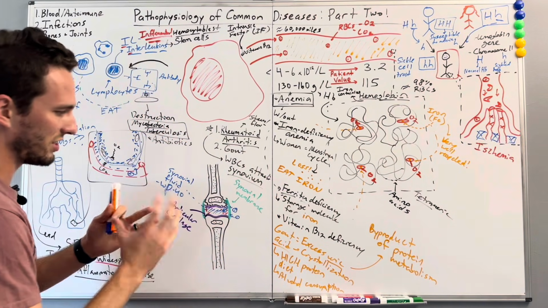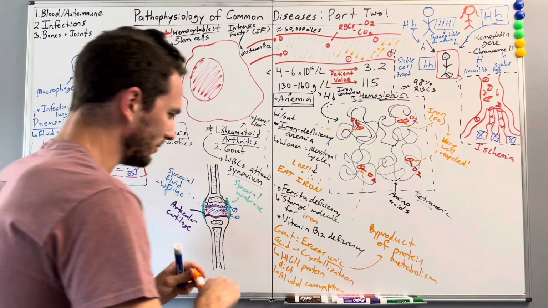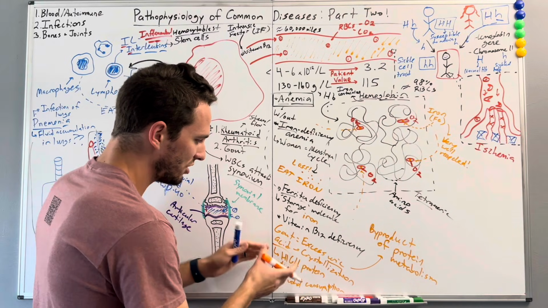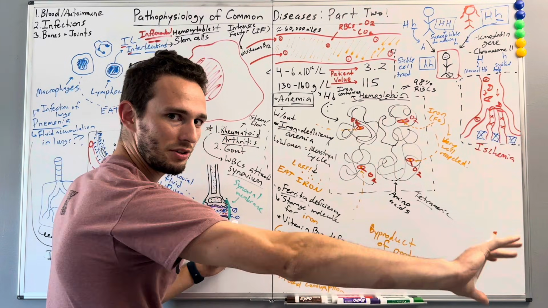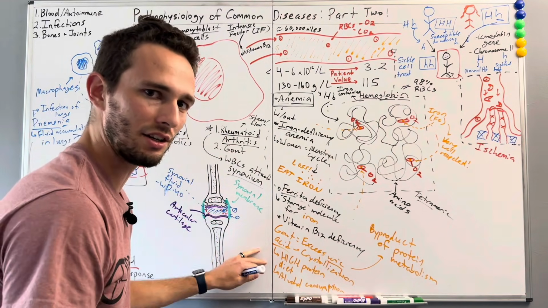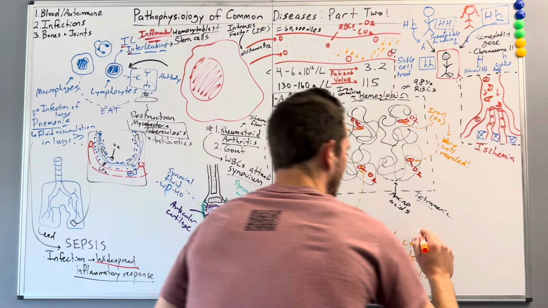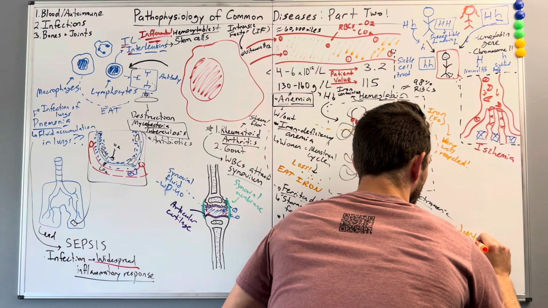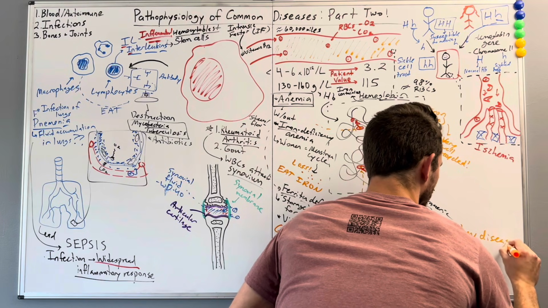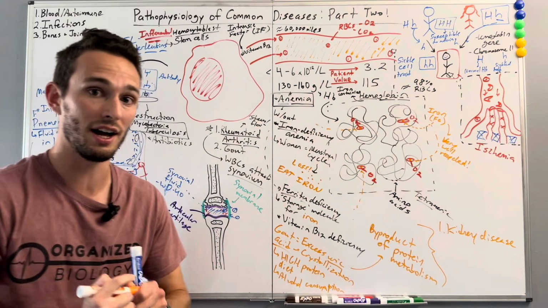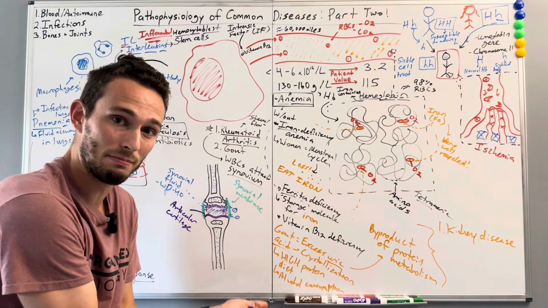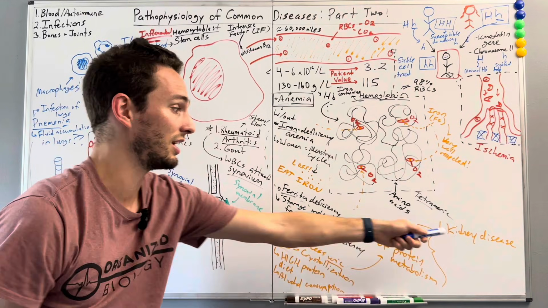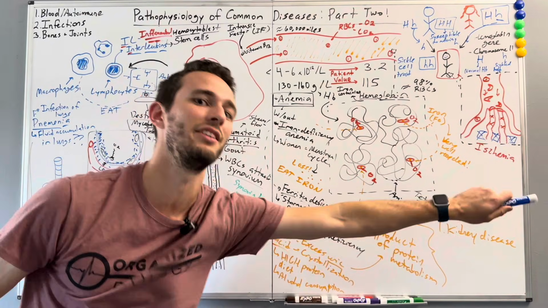Well, there are some risk factors here. Number one is when you need to clear this uric acid out, it needs to be cleared out through the kidneys. So number one, kidney disease is a high risk factor for leading to gout, because as you make that uric acid, it builds up, your kidneys need to clear it, but if your kidneys aren't working properly, you can't clear it out very well.